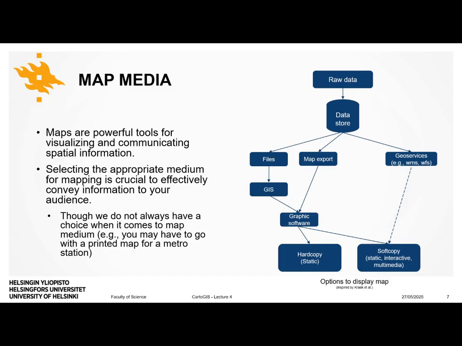But generally speaking, we always start with data. It can be raw data, or sometimes it's pre-processed. Then you work with the data. You usually need to do a bit of preparation, and then you get to a presentable form of data after cleaning and some processing. But sometimes this leads immediately to a map.